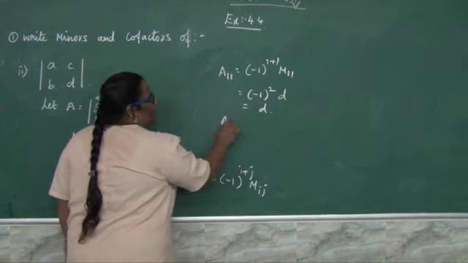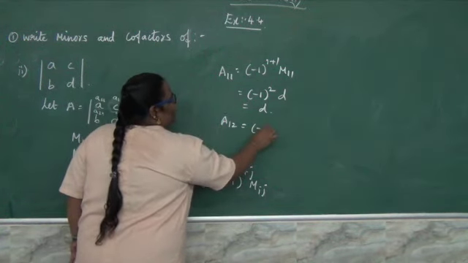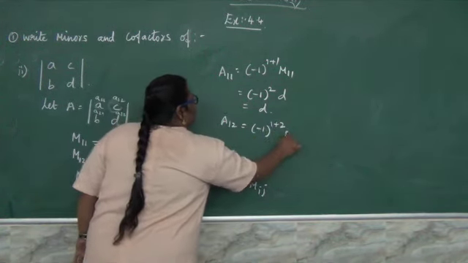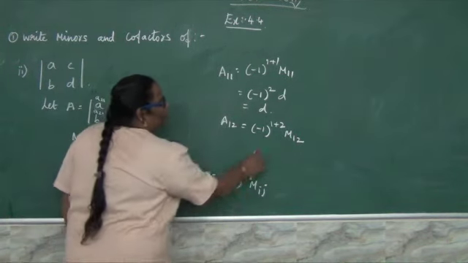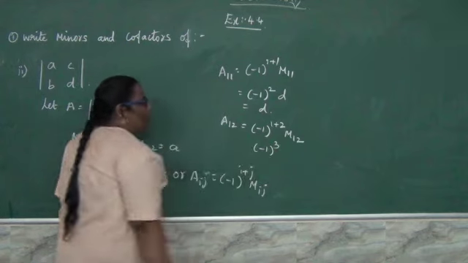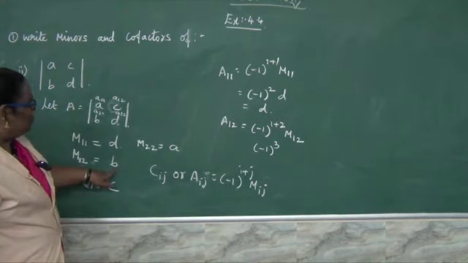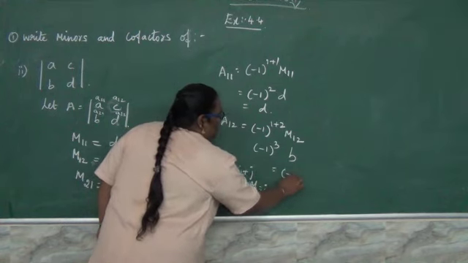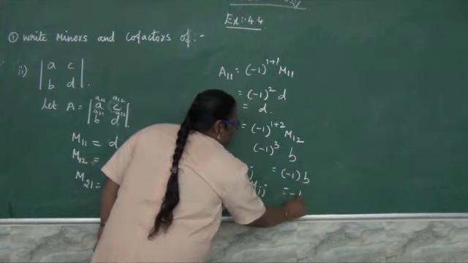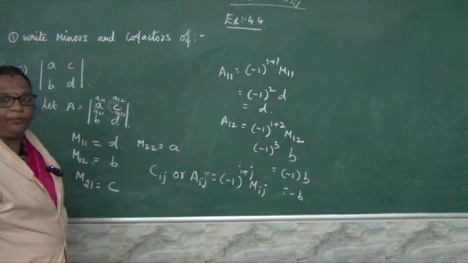Next, A12 equals minus 1 whole power 1 plus 2 into M12, minus 1 the whole cube. M12 is b. So it gives minus 1 into b, and the answer is minus b.